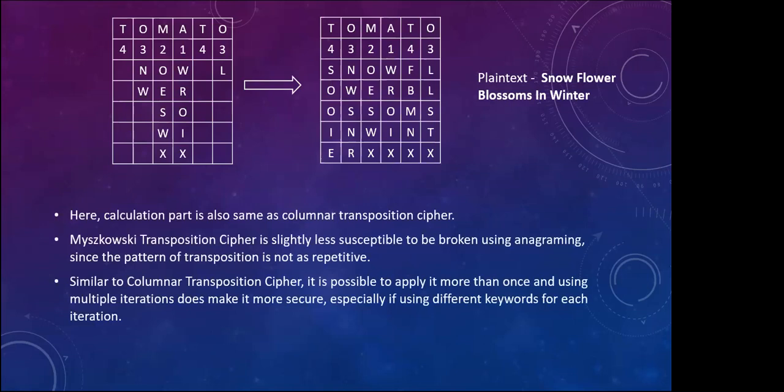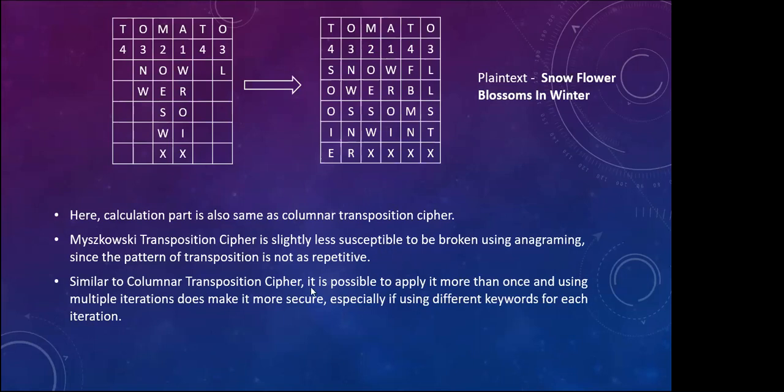Here also we can follow this step 2-3 times, in 2-3 iterations, to make it more secure. If we have to do one more time, we use the same process on the ciphertext we previously got and generate another ciphertext, which would be our main ciphertext.